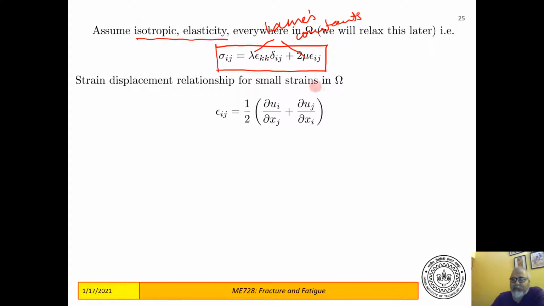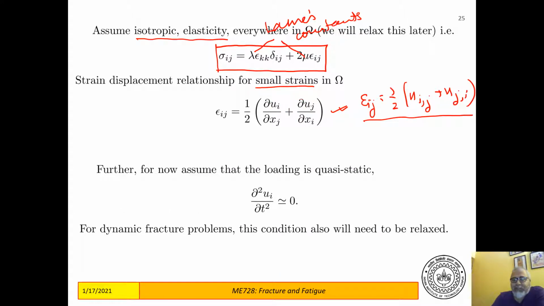The strain displacement relations for small strains, we are again going to use small strains here. This is the strain displacement relation, which we also write as epsilon ij equal to half u i comma j plus u j comma i. This is an alternate form of writing this. As I said, we are going to assume quasi-static loading. The accelerations are going to be zero.